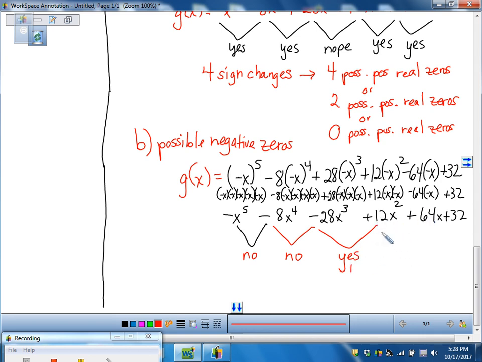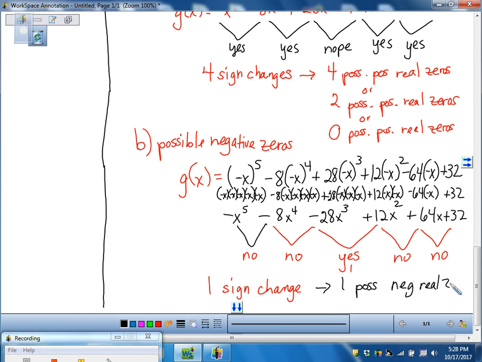Positive to a positive, no. Positive to a positive, no. So how many sign changes did we have? We had 1 sign change. So that means that we have 1 possible negative real zero.